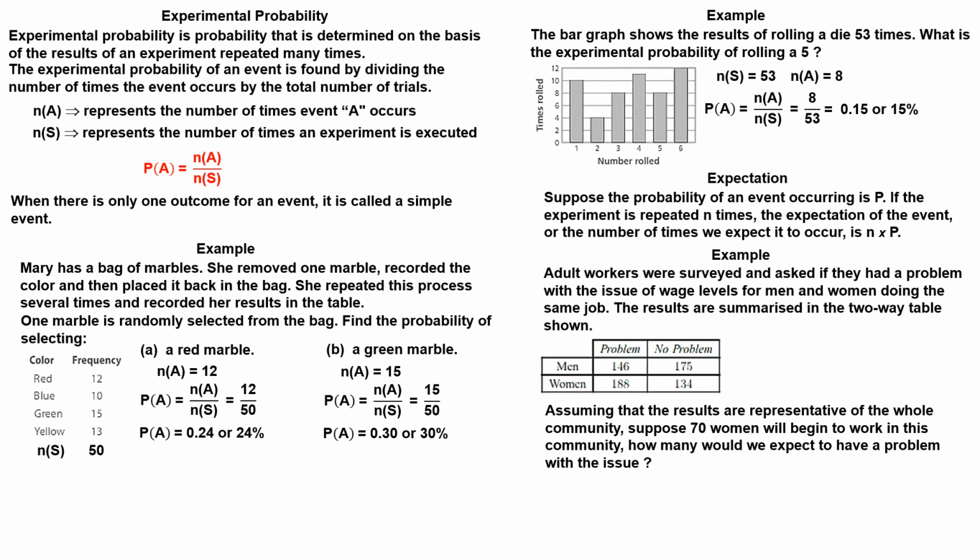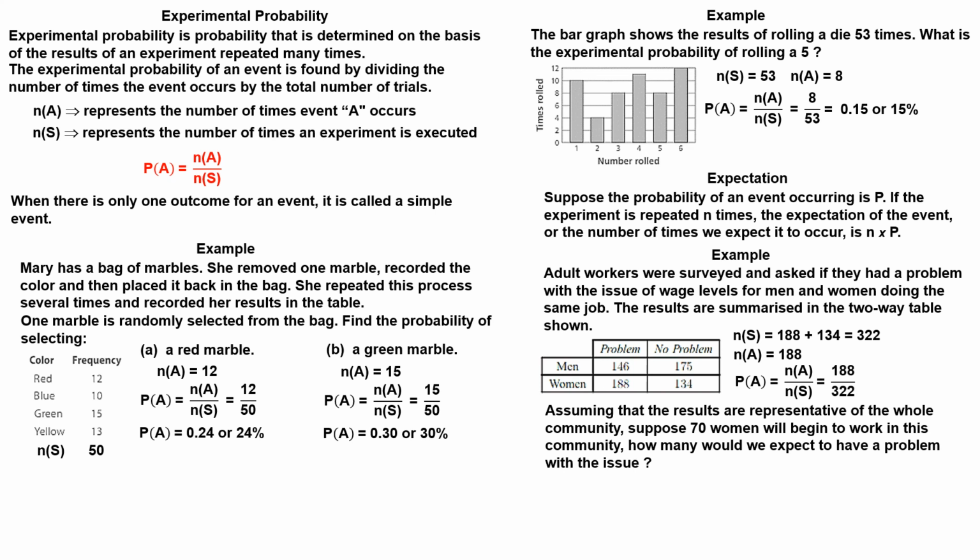We have to find the probability that one woman randomly chosen is a female with problem with the issue. In the table, we can see the total of women is 322. 188 women have a problem with the issue. Then the probability is 188 over 322.